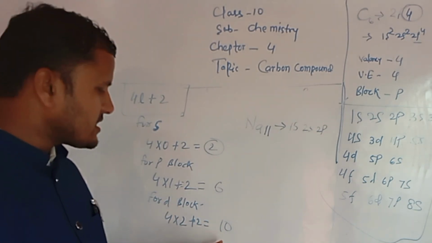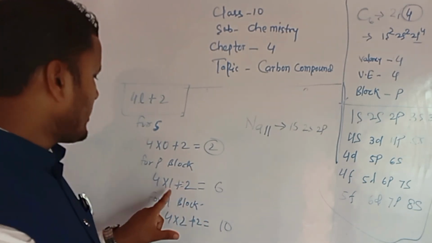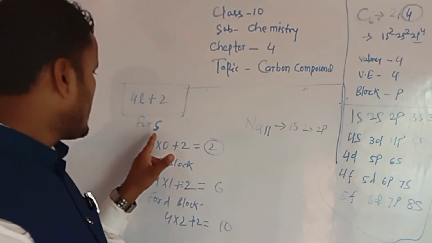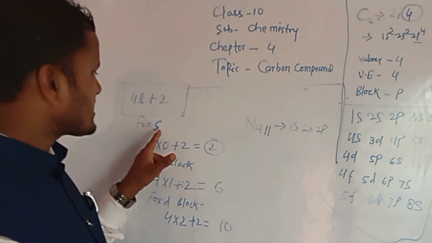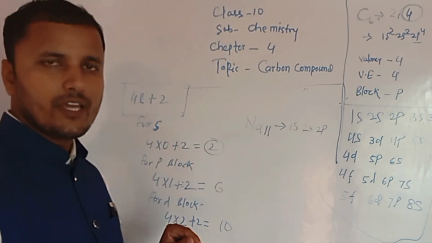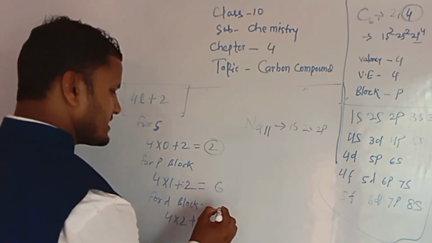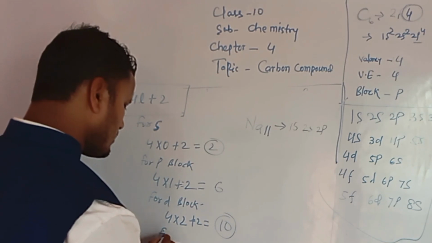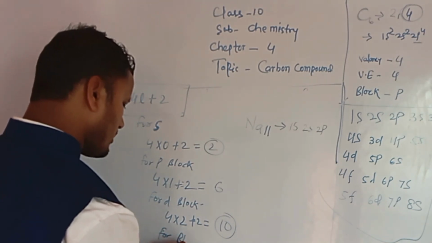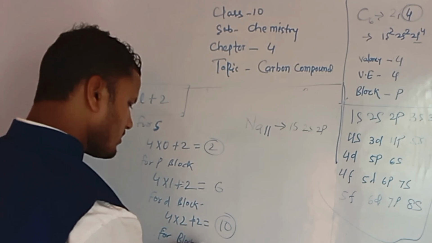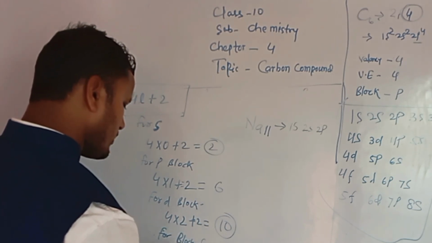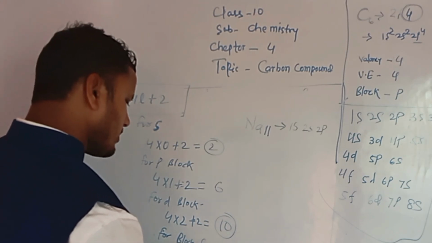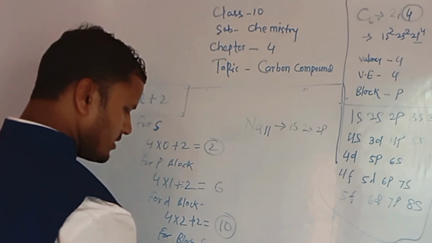The answer is 10. How many electrons are present in the p block? The answer is 6. How many electrons are present in the s block? The answer is 2. It means this is a key point. f block: 4 into 3 plus 2 equal to 14. 4 threes are 12 plus 2, 14.